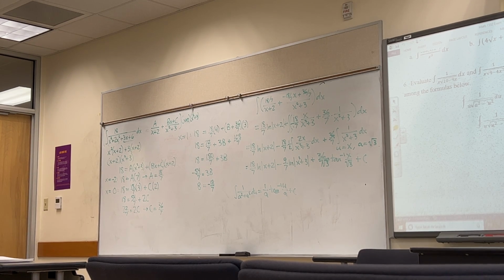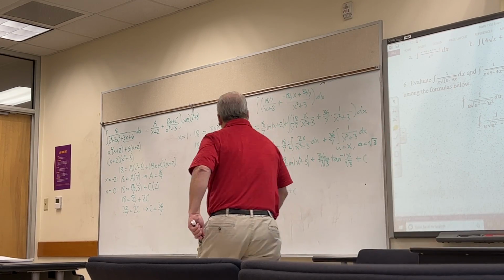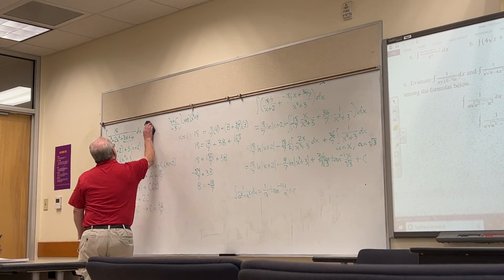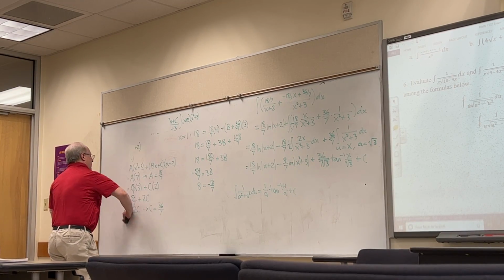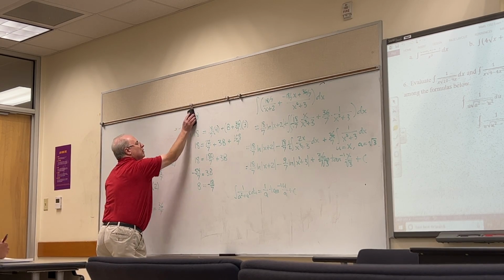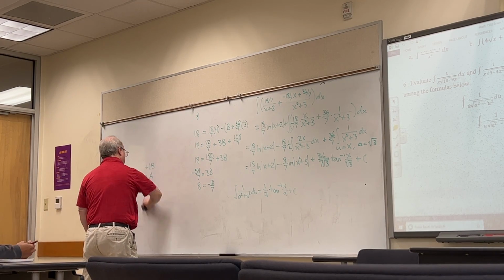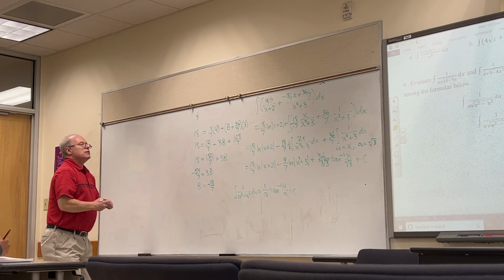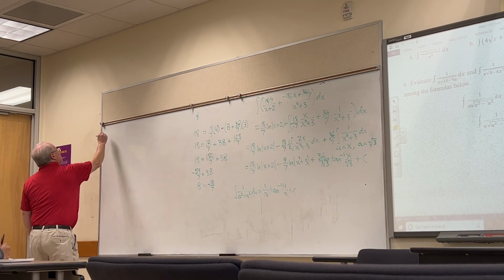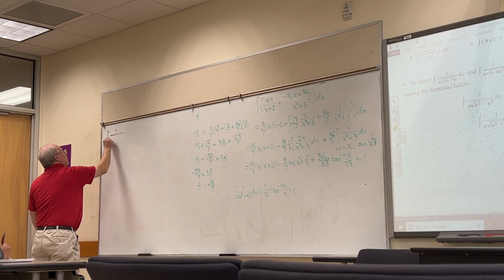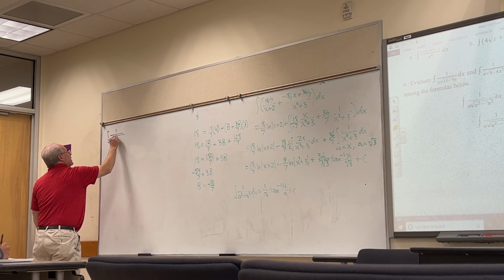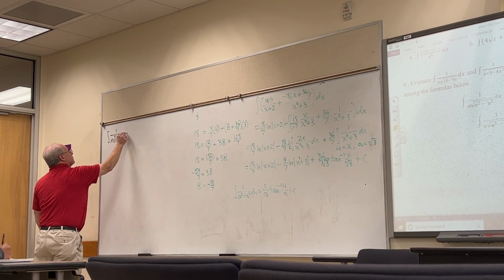Can we do one of them? All right, it doesn't matter which one? No, not really. Let's go ahead and do the first one then. So it's the integral of 1 over x times the square root of 10 minus 9x.